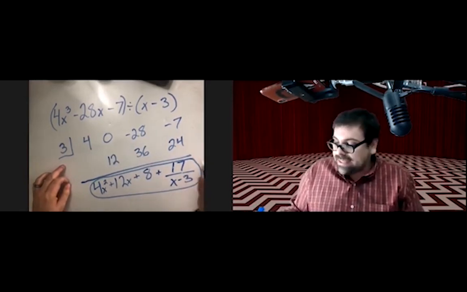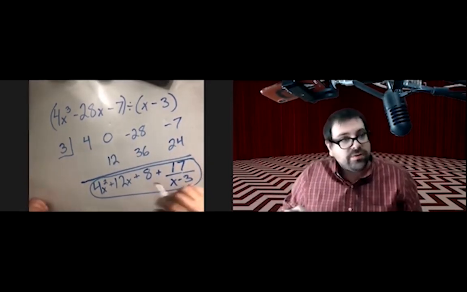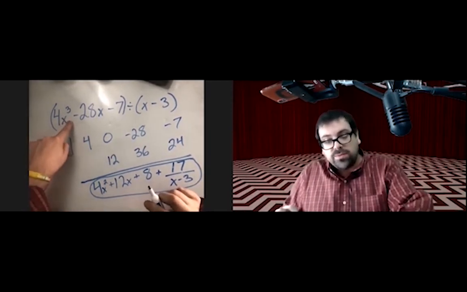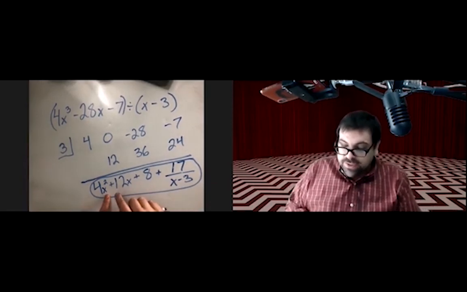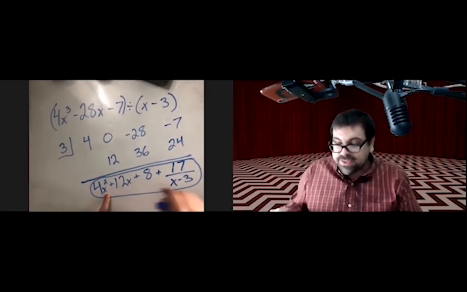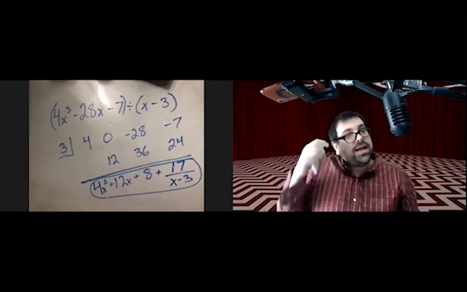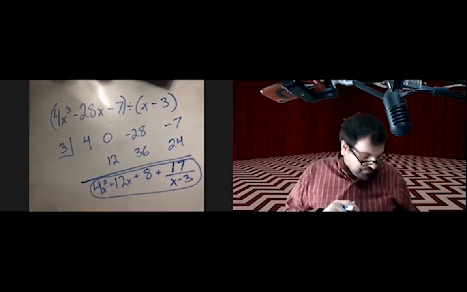Then since the last thing has to be our remainder, we're going to lower everything by 1. We started with an x cubed, so we start filling in with x squareds. Positive numbers that we get become pluses. Negative numbers that we would get become minuses.